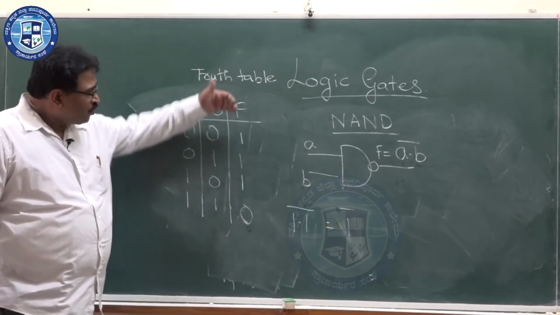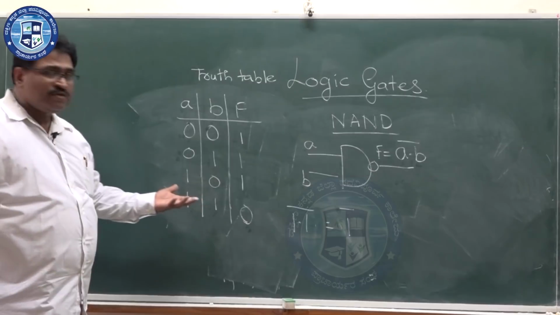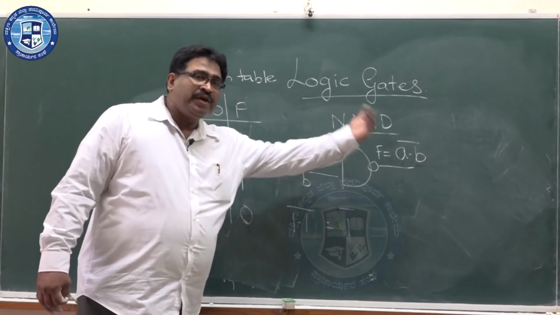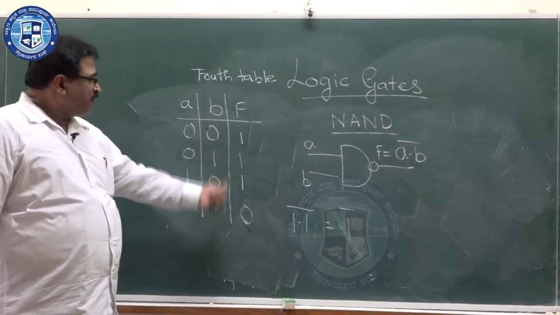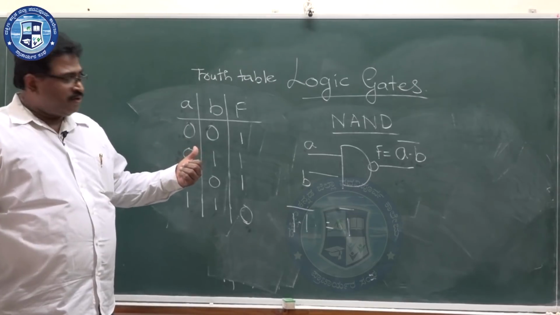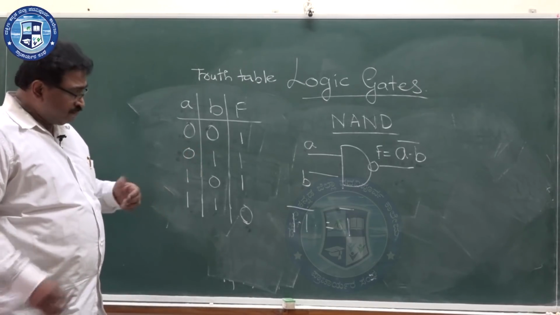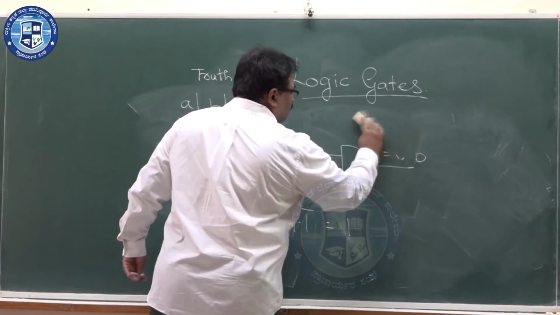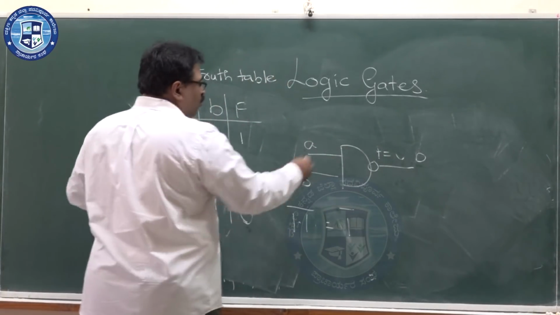Here it is 0. So it is exactly the inverse. Why is it inverse? Because we are giving the output of the AND gate to an inverter. That is the reason the output is the inverse of the AND gate. Is it fine? Yes. Now we'll go to the next topic, next gate, that is a NOR gate.